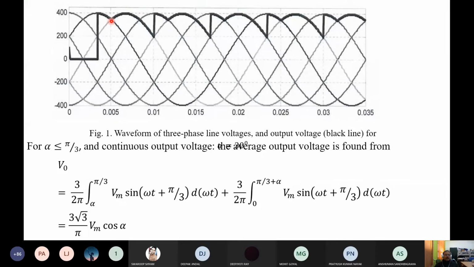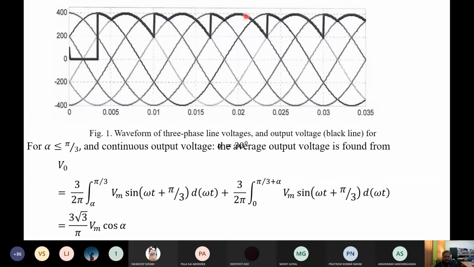There is no change of thyristor here. But after 120 degrees, S2 is forward biased. S2 is triggered here. Triggering is when there is a cut.